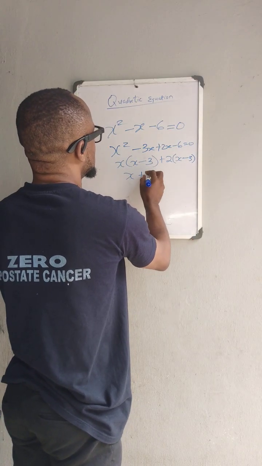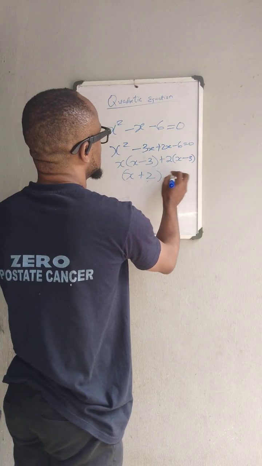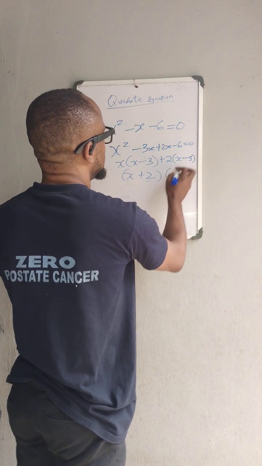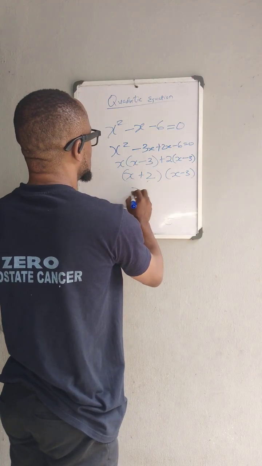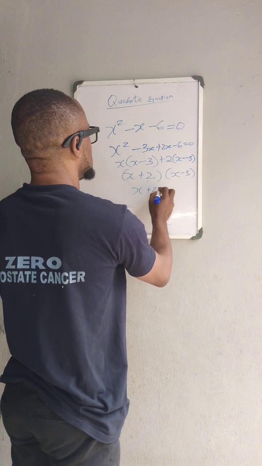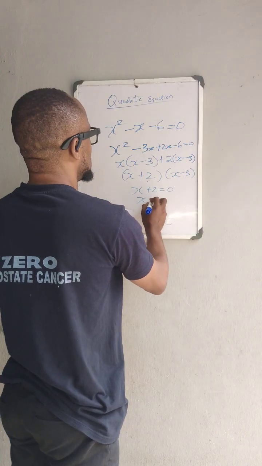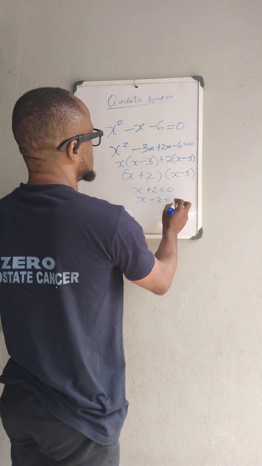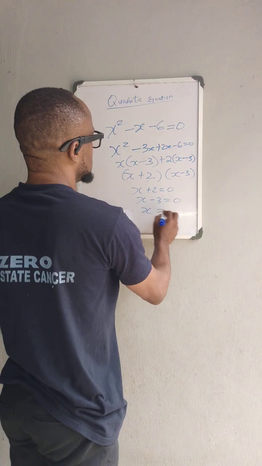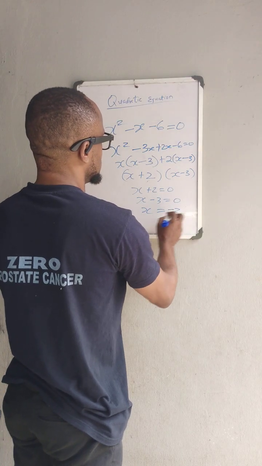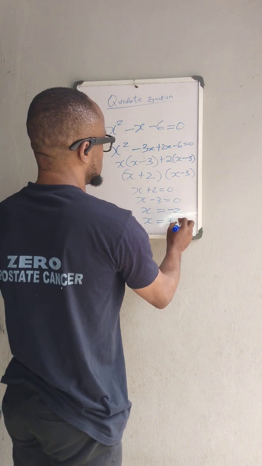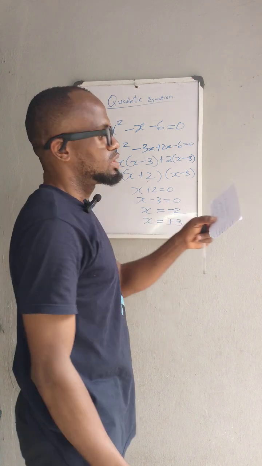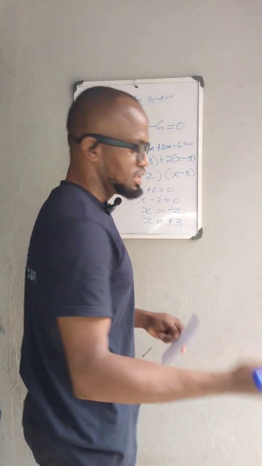So x plus 2, then the common factor is x minus 3. So x plus 2 equal to 0, x minus 3 equal to 0. So x equal to minus 2, x equal to plus 3, which is also the same thing as what we got initially.